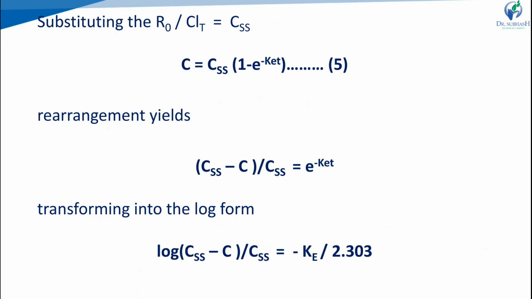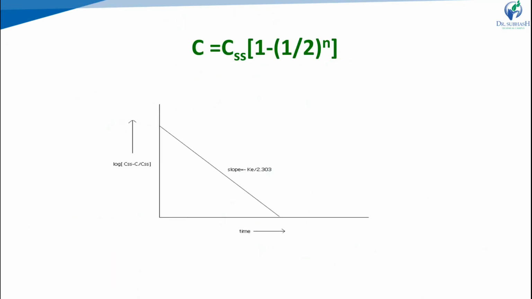Transforming into the log form, the equation becomes log of CSS minus C upon CSS is equal to minus Ket upon 2.303. So we can plot the graph of log CSS minus C upon CSS versus time, get the slope, and from that we find K.